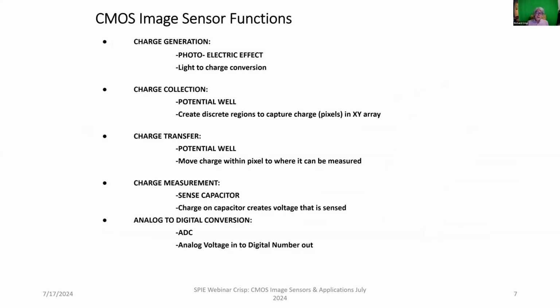So now let's talk about CMOS image sensors. They still have the same task to go through of generating charge, collecting charge, transferring it, and measuring it. But then we can do one more function just by the nature of CMOS circuitry, and that's we can build good A to D converters, and all the downstream signal processing circuitry can be integrated onto the image sensor itself.